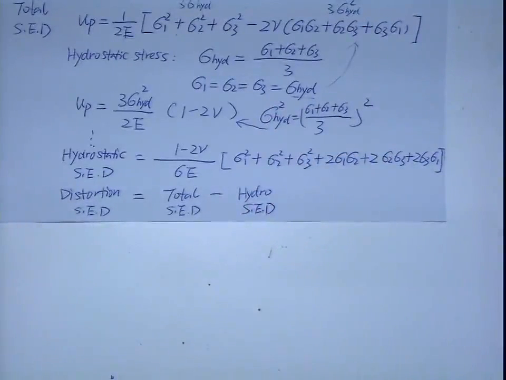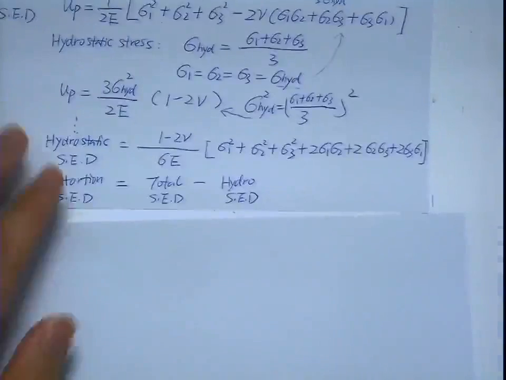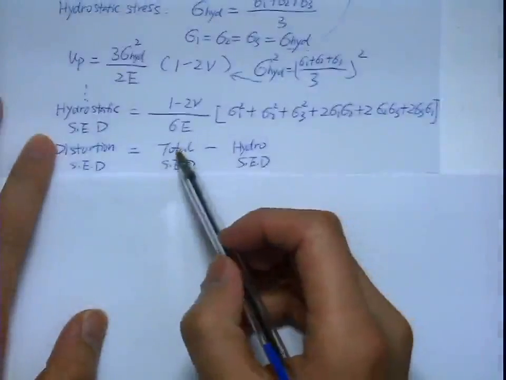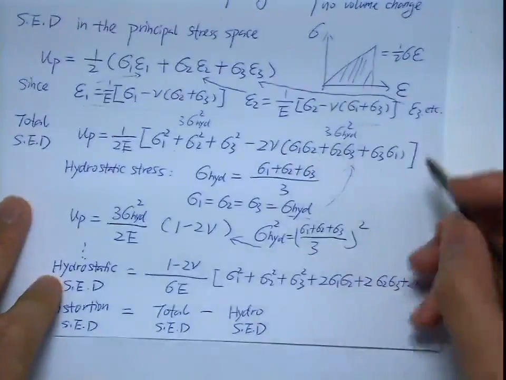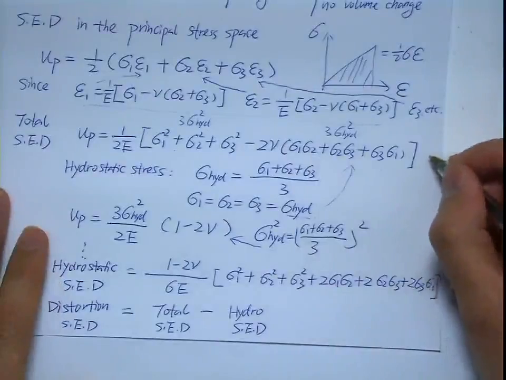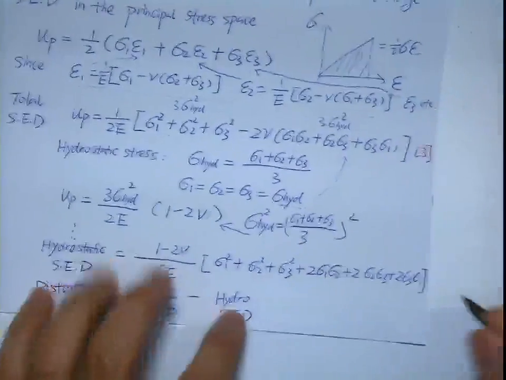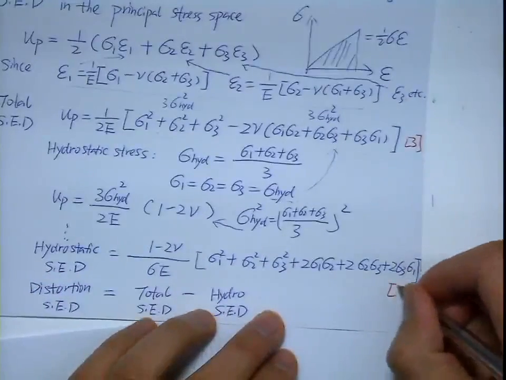So now it's become more clear, like what's going on next. So finally, you know this total strain energy is already here. Let's say this is the equation 3 and equation 4.